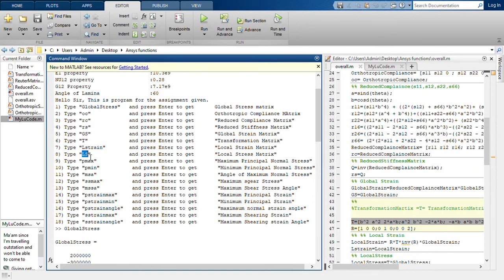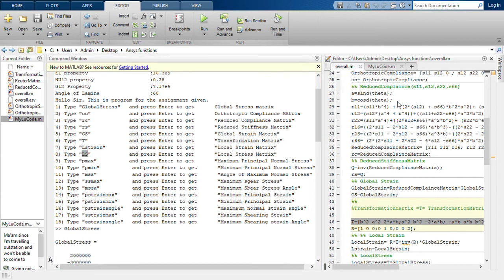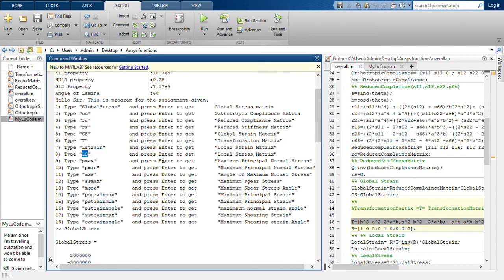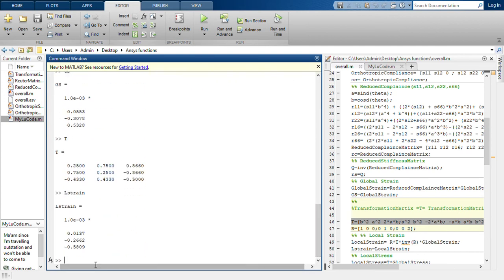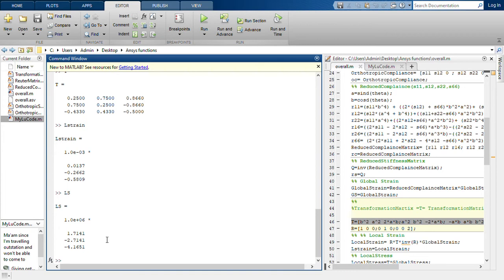For that we need to type ls. Why is this happening? Control C, ls. So again we are getting the local stress matrix, and again on page 116 we have it.